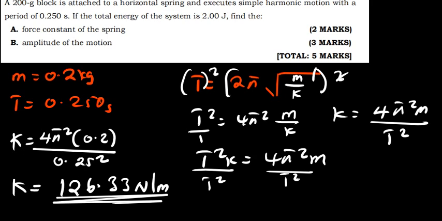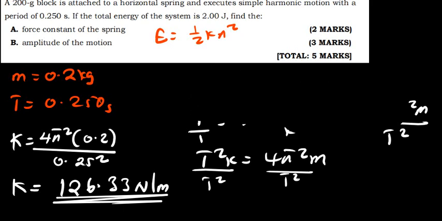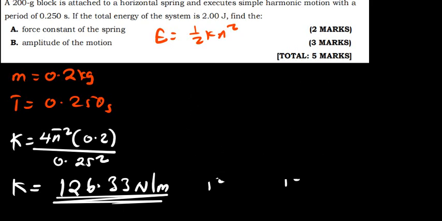Now, after finding the force constant, how can we find the amplitude? Remember, we have been told the total energy, that is the mechanical energy, which is given by E equals half k A squared. Our goal is to find the amplitude, so we make the amplitude the subject of the formula.